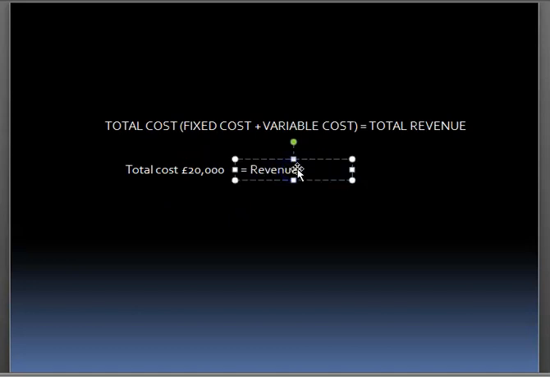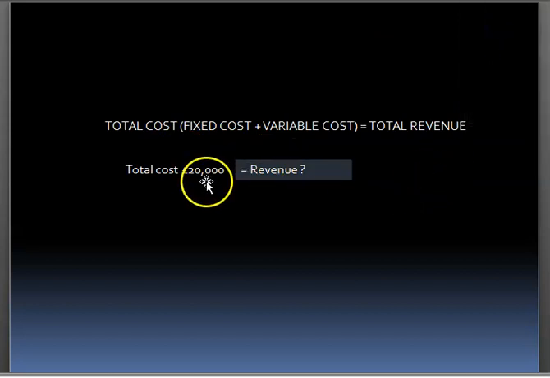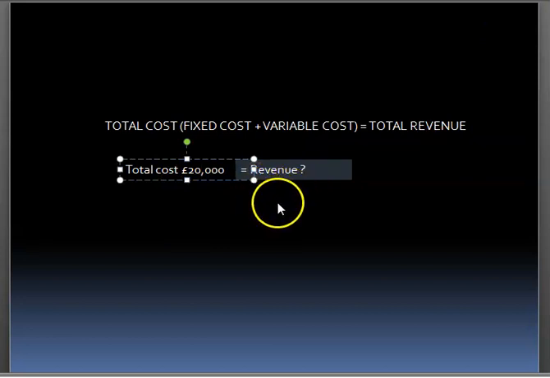So this revenue here becomes a question for them. They know how much it's going to cost them, but they don't know how many units they will be producing to get the £20,000 back.